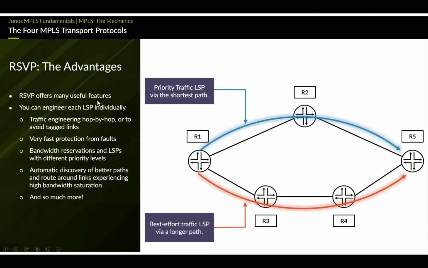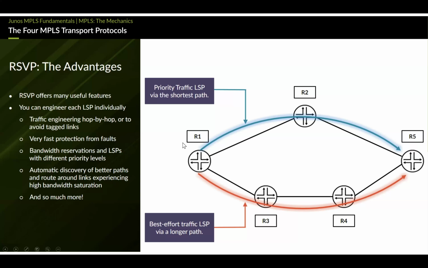RSVP offers many useful features. You can engineer each LSP individually: traffic engineering hop by hop or to avoid certain links, protection from faults, bandwidth reservation and LSPs with different priority levels, automatic discovery of a better path, and routing around links experiencing high bandwidth utilization.